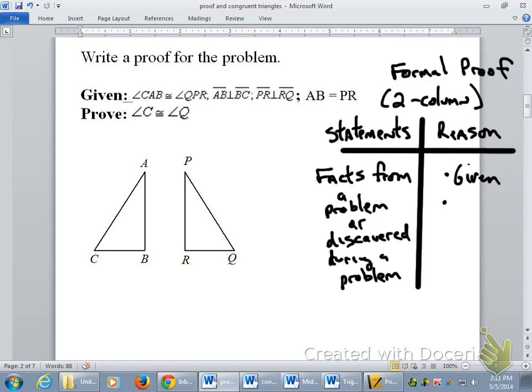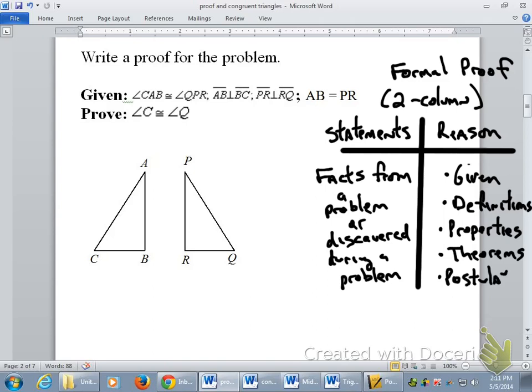And then you always have other reasons like definitions and properties. Some things called theorems and postulates, and we didn't spend a lot of time on the particulars of those words, but you've seen those words before.